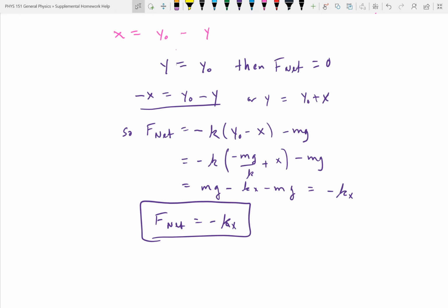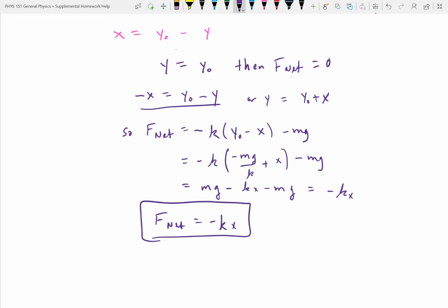Are we going to add x to our coordinate? At least for part A, all we need to establish is that this is behaving as a simple harmonic oscillator, that we can have an x defined where the net force is minus kx, where x is how much it is displaced from its equilibrium position.